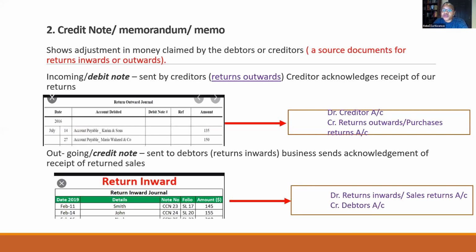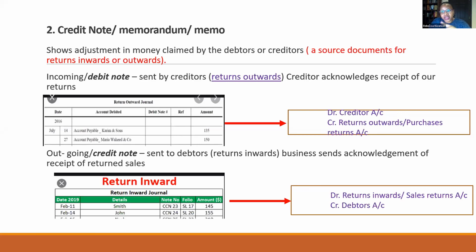In the ledger, where do we post it? Because the returns are coming into the business, that means that our sales are being affected, okay? Because we made sales and we got debtors, now our sales are being affected. So we shall debit our returns inwards, and then we shall credit our debtors.